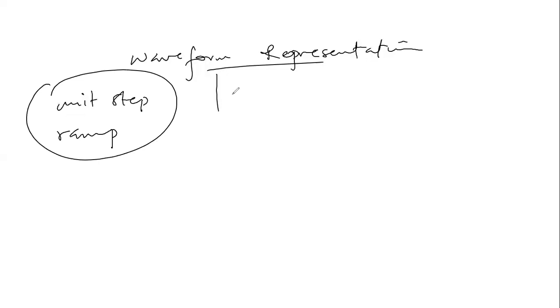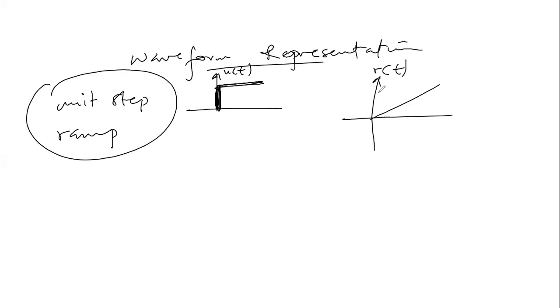I will note that our unit step function is something like this. It just comes this way and it steps, right? While our ramp is something like this, it just spikes off to infinity. So we say this is u of t and this is r of t.